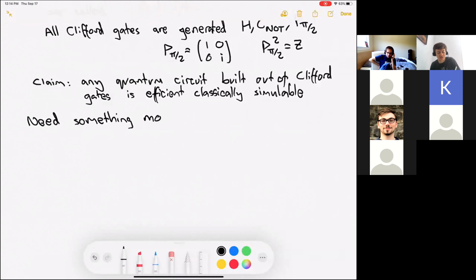And in practice, if you get anything in your gate set that isn't a Clifford gate, that's probably going to be enough. Or like Clifford gates plus anything that's not a Clifford.